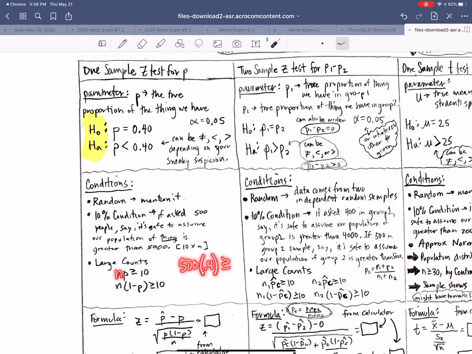We want to make sure that number is greater than or equal to 10, and almost all the time it is. It's super big. And then 500 times 0.6, which is 1 minus 0.4, make sure that's greater than or equal to 10. In this case, I asked a lot of people, so I'm going to be fine. Because this worked out, I know that the sampling distribution is normally distributed.